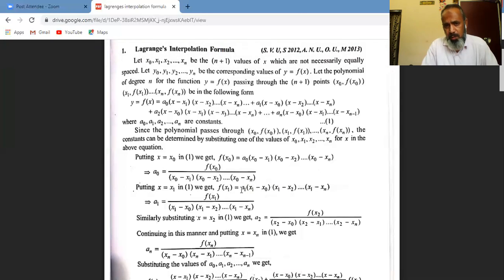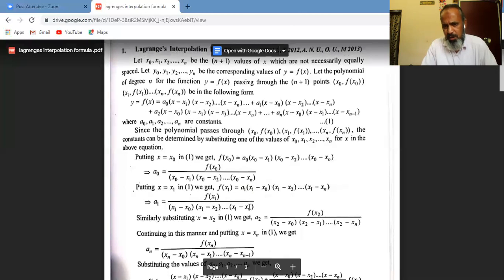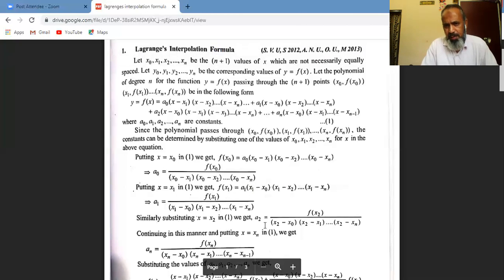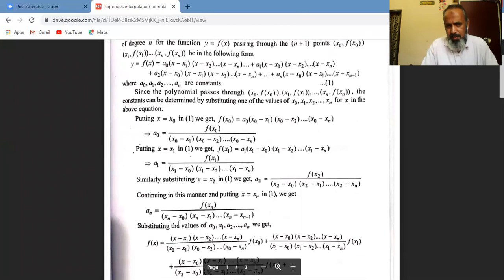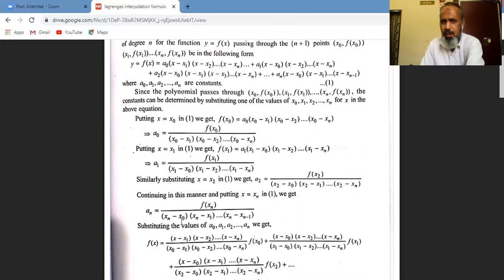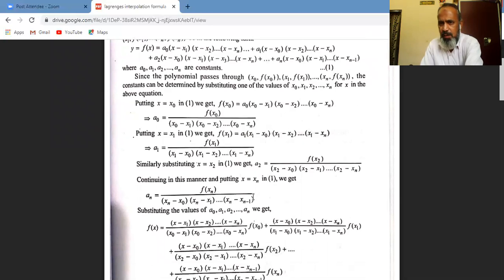So what is a1? a1 is equal to f of x1 divided by all these factors in the denominator, (x1 minus x0)(x1 minus x2), etc. Similarly, if we substitute x equal to x2, x3, up to xn, we get a2 equal to f of x2 divided by (x2 minus x0)(x2 minus x1) up to (x2 minus xn). Similarly, an is equal to f of xn divided by (xn minus x0)(xn minus x1) up to (xn minus xn minus 1).